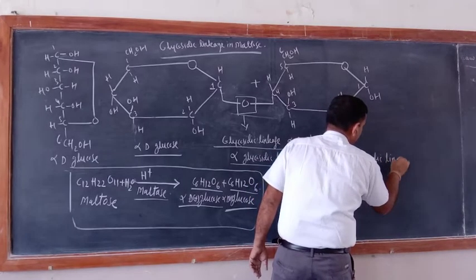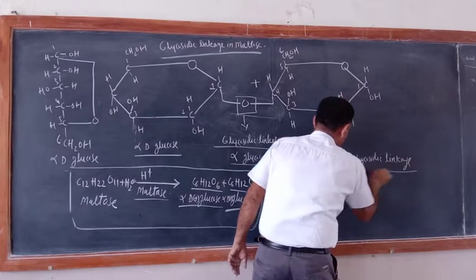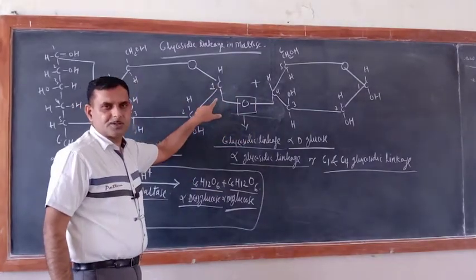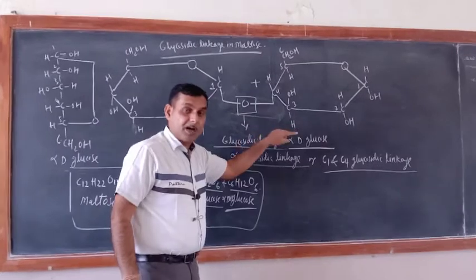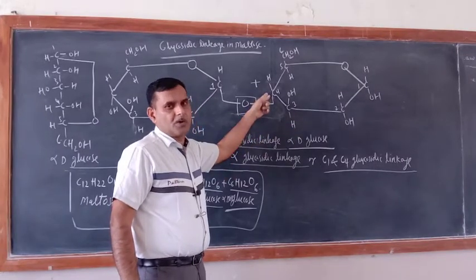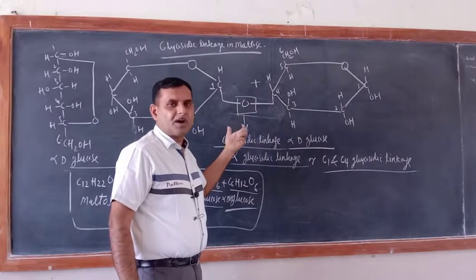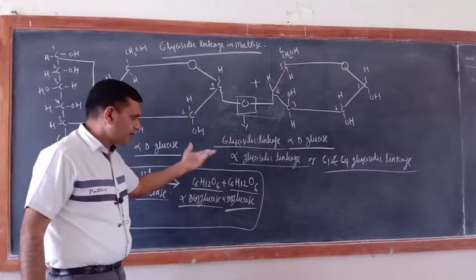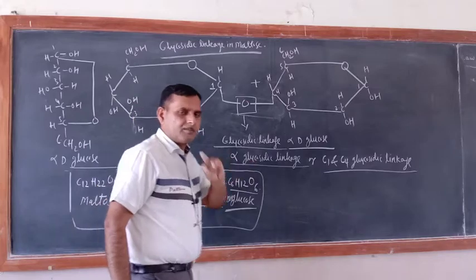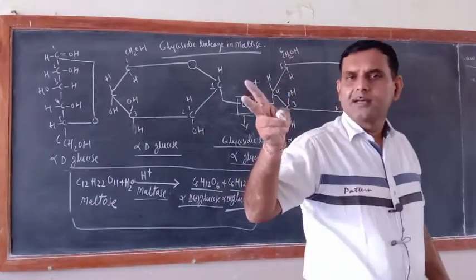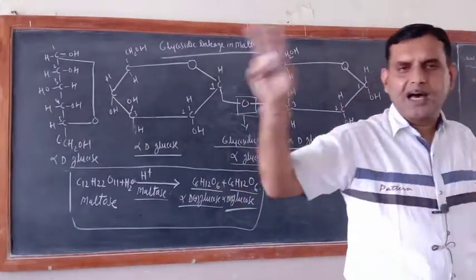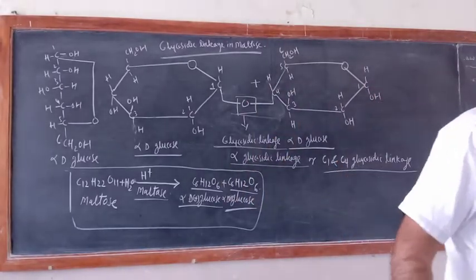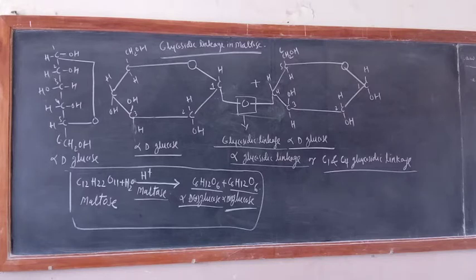Okay, no problem at all. Why C1, C4? Because in one alpha D-glucose the C1 carbon atom, and in the other the C4 carbon atom is involved in the formation of the glycosidic linkage. So as you wish, very easily you can remember this. Why only one alpha, not alpha and beta? Because in sucrose one unit is alpha and the other is beta, but here both units are alpha. You may ask, sir, alpha and alpha dash?